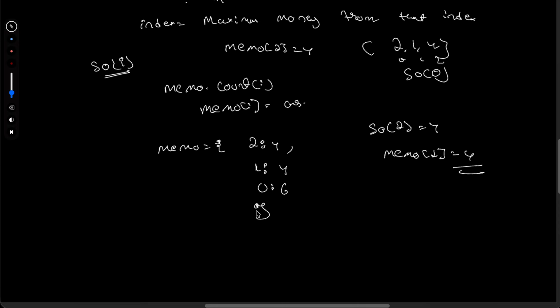Each index is stored only once. That's it. Map memo is like a dictionary where we store the answer from each index. If the same index comes again and again, we just read directly from the dictionary.